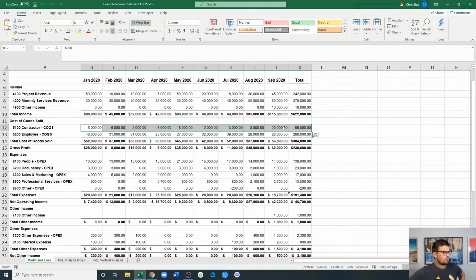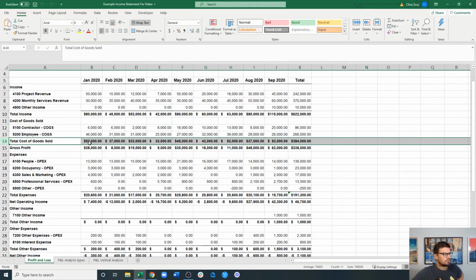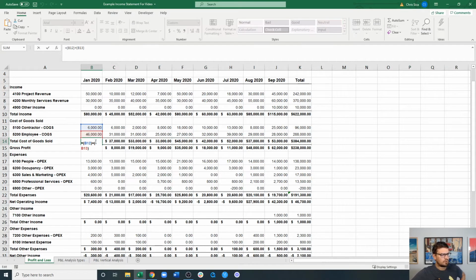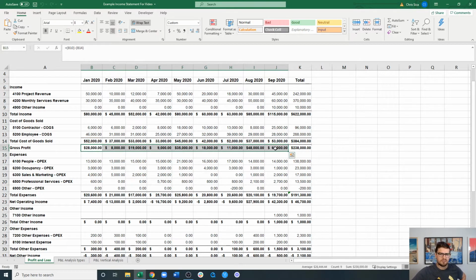So we've got our cost of goods sold. And what happens is you get a total for your cost of goods sold by summing up your direct costs. And when you subtract that from your total income account, you get what's called gross profit. Now, we talked a lot about the efficiency of a business.